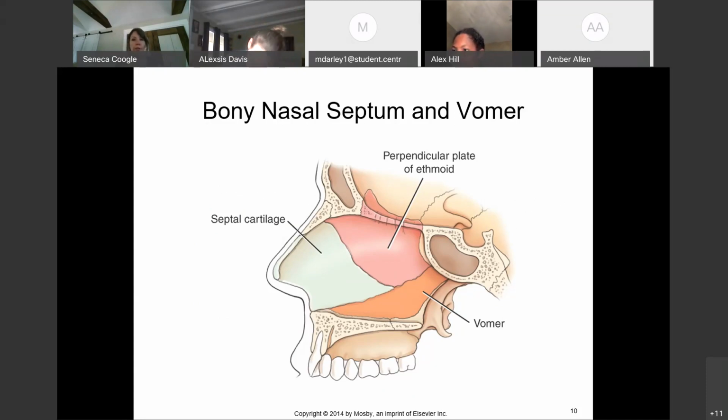So I know we've all heard of deviated septums. That's when the septum is deflected or displaced laterally from the midline of the nose. So it's not straight, it's kind of bent a different lateral way. It can make it difficult to breathe.